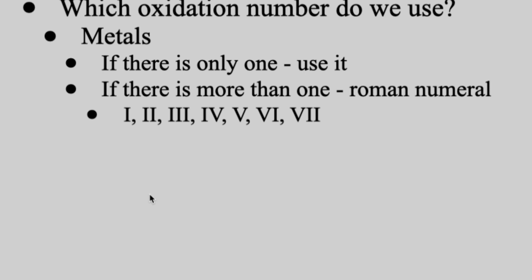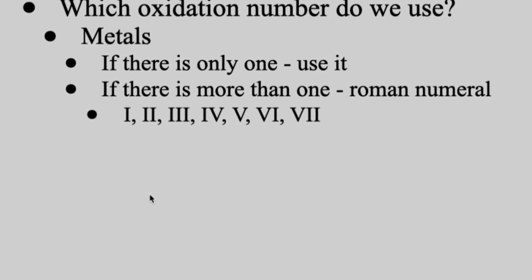Then V is 5, VI is 6. V is 5, I is after the V, so you add, so that's 6. Then VII, that's 5 plus 2, 7. But then guys, you'll notice we didn't do 8. Why didn't we do 8? Because the elements with 8 valence electrons are noble gases, and they're good all on their own.